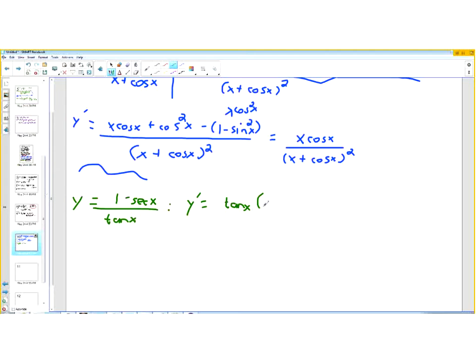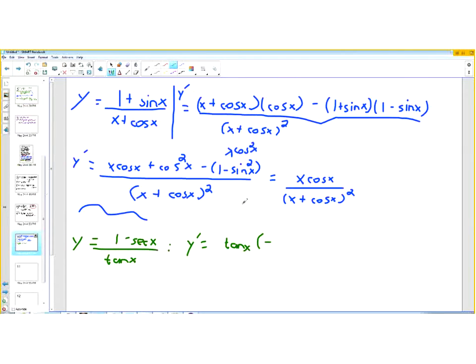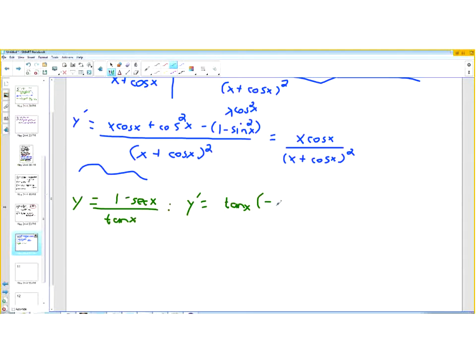And I told you to calculate the derivative of the secant function, and that's just the derivative of the secant function is secant x tangent x, okay, and we have the subtraction here, so we have to put the minus sign out in front.